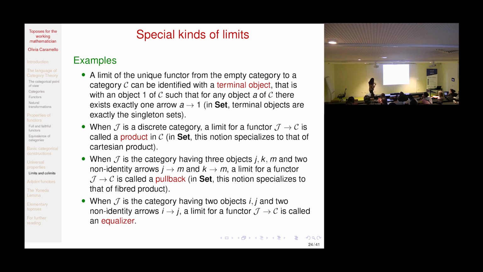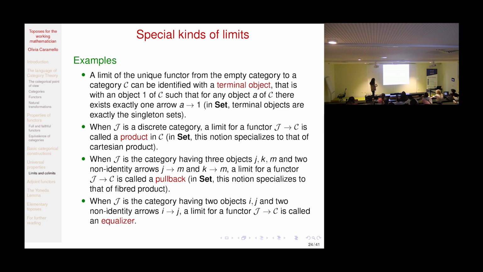Good. Now, second example, the case of a discrete category, which we have already encountered here and there. Here in the case of limits and here in the case of colimits. So in the case of a general discrete category, here I have taken a discrete category on two objects, but of course I can consider discrete categories on an arbitrary number of objects.